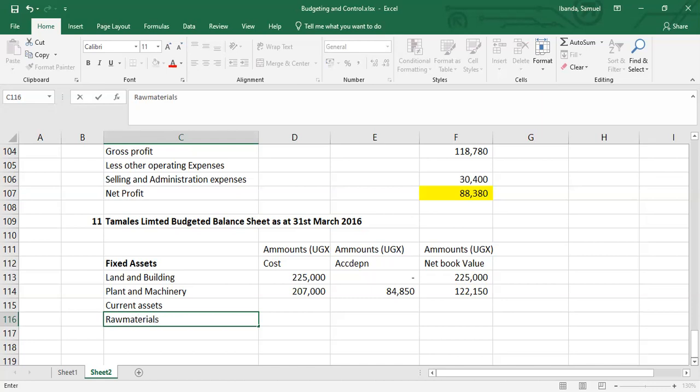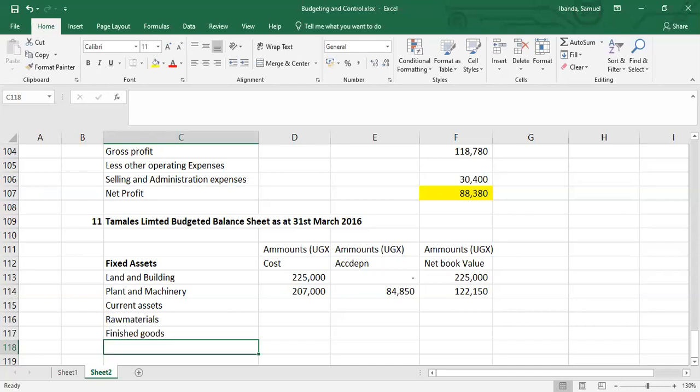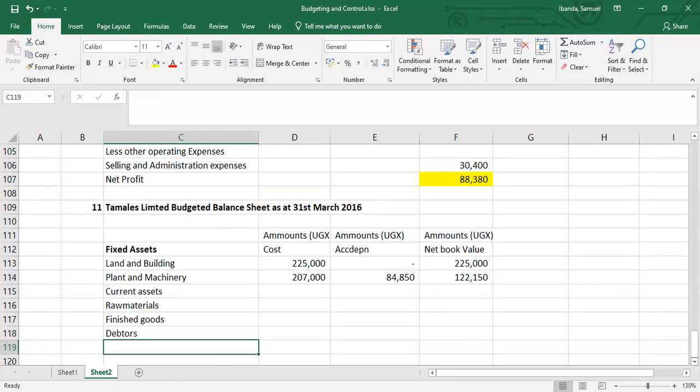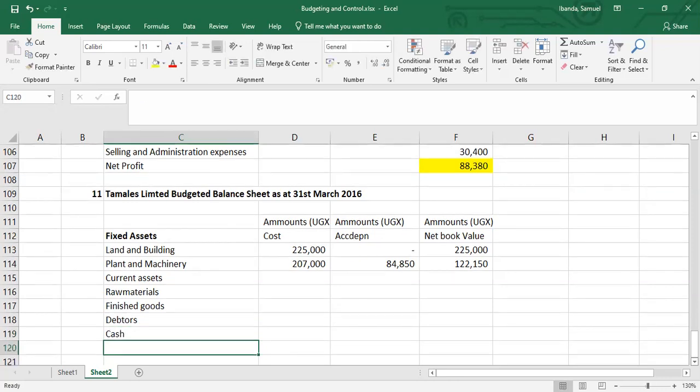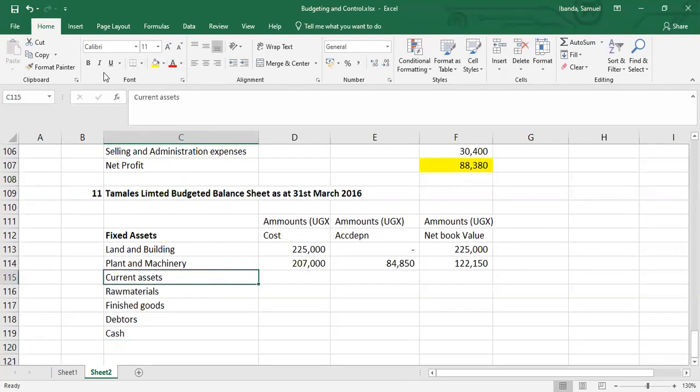So I'll have something on raw materials, finished goods, debtors, and cash. Looking at raw materials, the value I'm going to use is the closing raw materials that I was given.